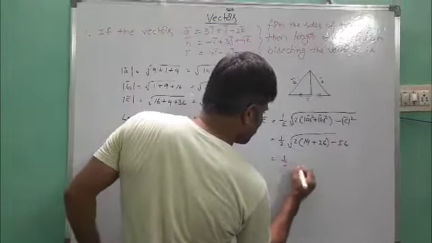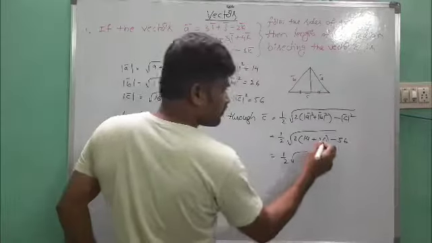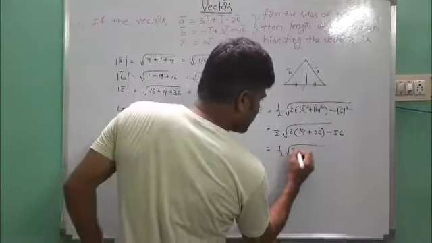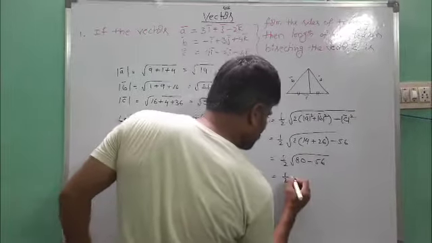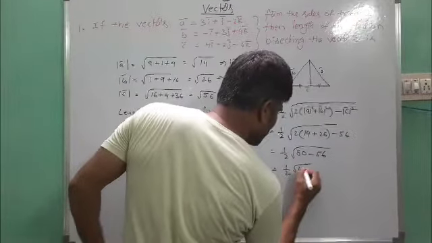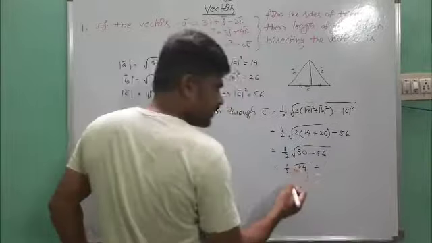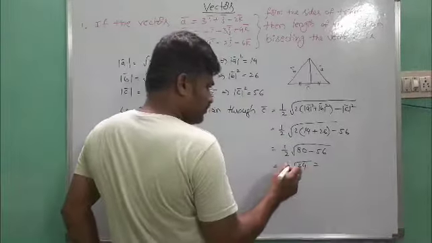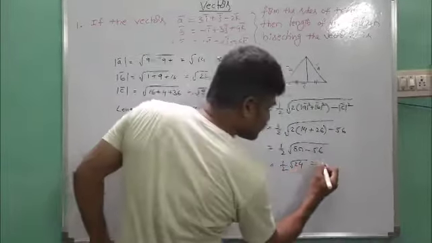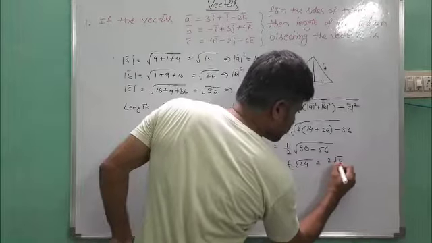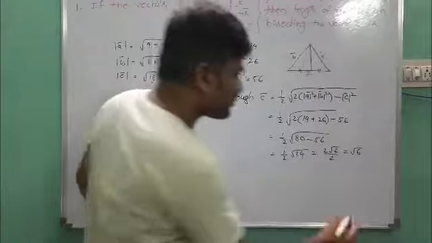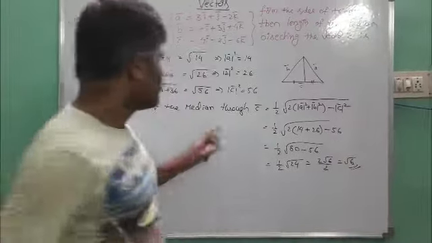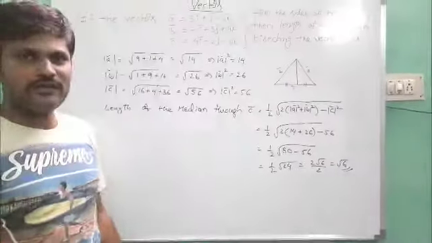Here 1 by 2 into square root of 2 into 40, 80 minus 56, that equals 1 by 2 into square root of 24. That value will be 4 times 6, 2 root 6 by 2, that value equals root 6. So this is the length of the median through the vector c bar.